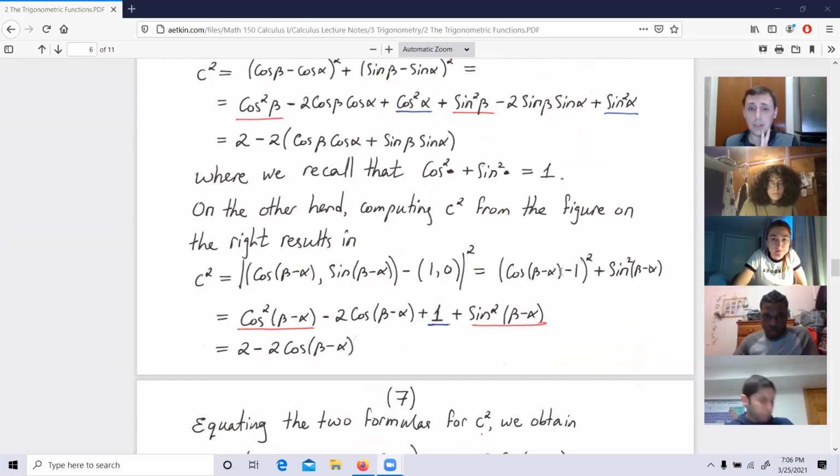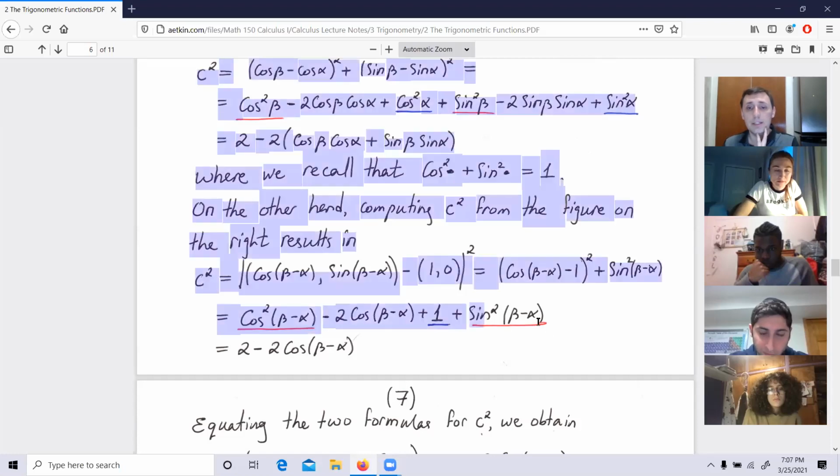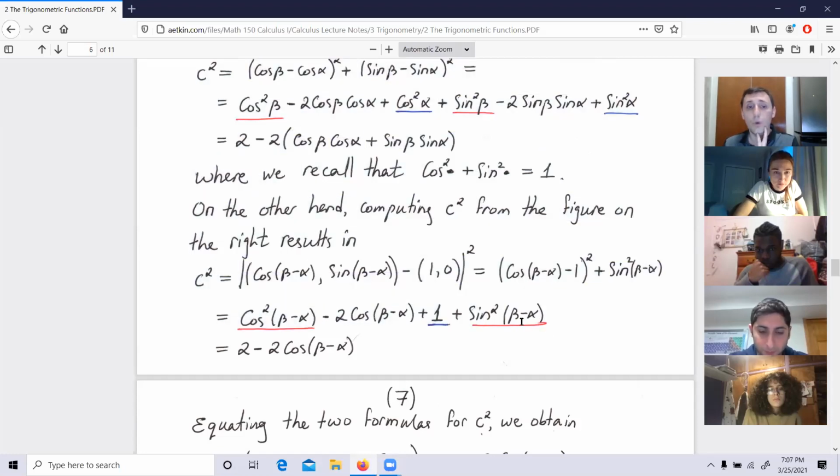When I apply the distance formula, we see this squared plus this squared. Expanding the first square, it's cosine squared beta minus alpha minus 2 cosine beta minus alpha plus 1 plus sine squared beta minus alpha. I can simplify this plus that equals 1. So we have 1 plus 1, it's 2 minus 2 cosine beta minus alpha.